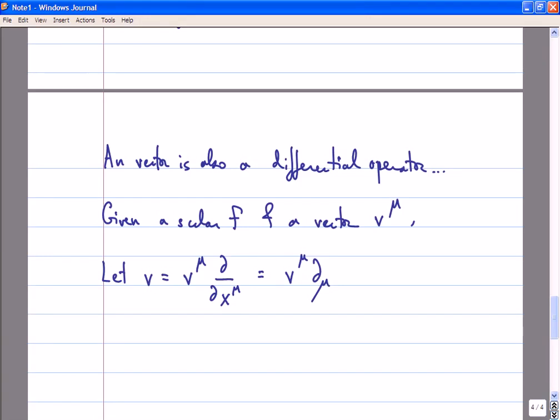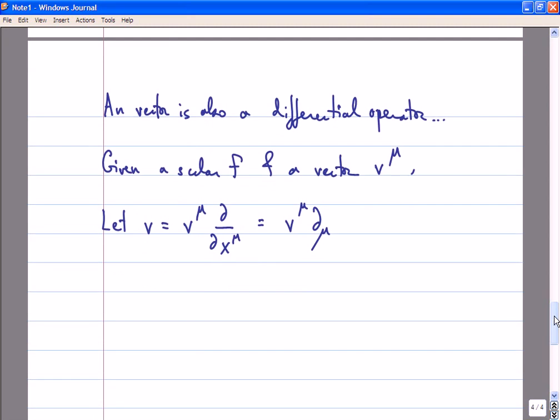So what's the use of this differential operator? Well, if f is a scalar, then I can act on f with this differential operator. And my claim is that if f is a scalar and v is a vector, then vf is a scalar.